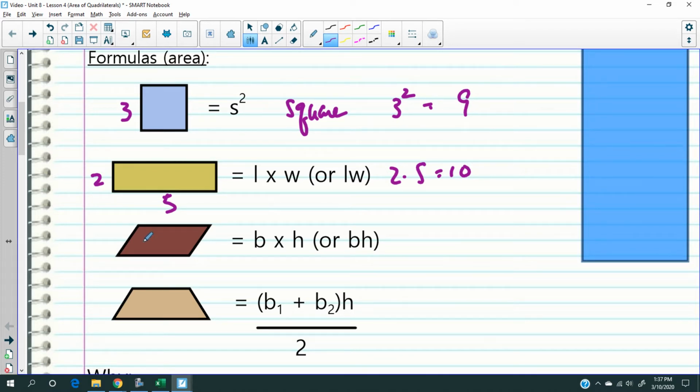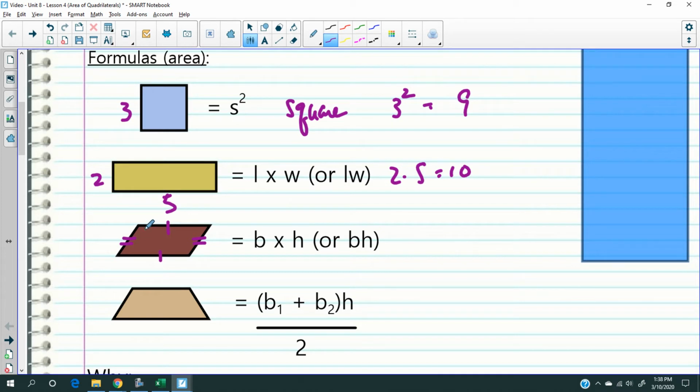Now, why is it called a parallelogram? Because both pairs of opposite sides in the shape are parallel to one another, meaning, should you draw the lines continuously, they will never intersect or touch one another. So if you draw this line continuously like so, and draw the bottom, the base, like so, they'll never touch.